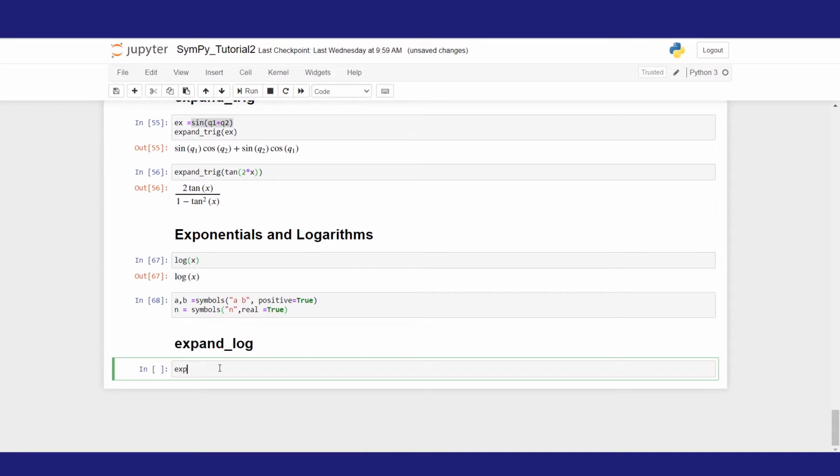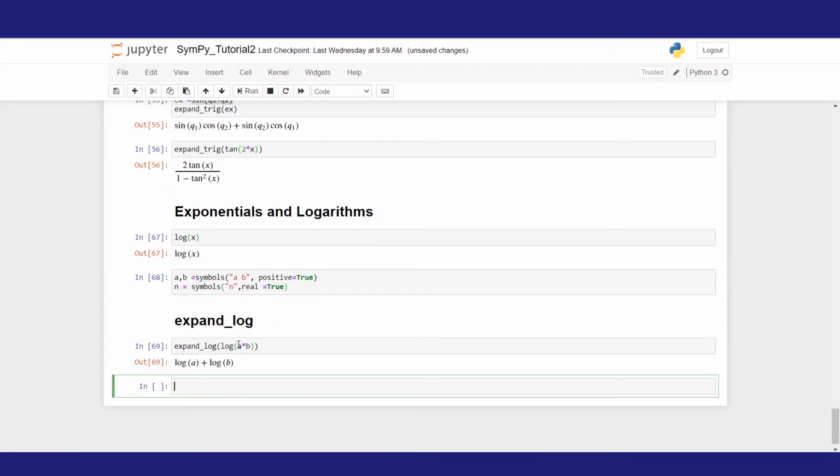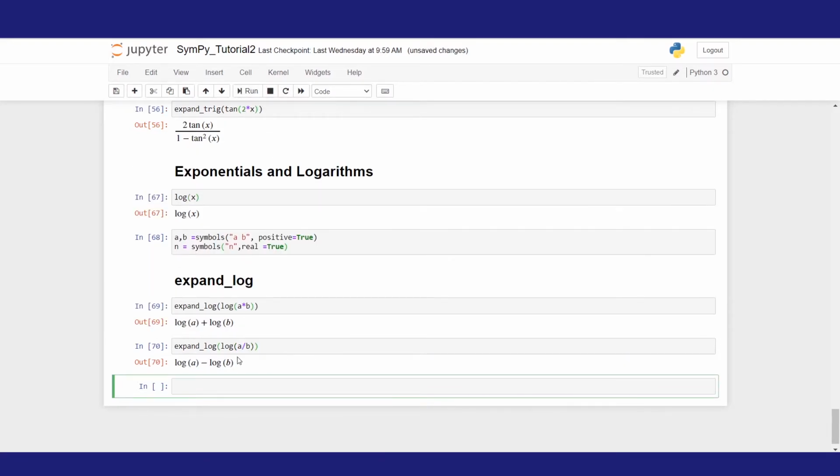So I say expand log of log of a times b. When I run this, it gives me log of a plus log of b. Let's look at expand log of a over b, divided by b. This gives us log of a minus log of b.